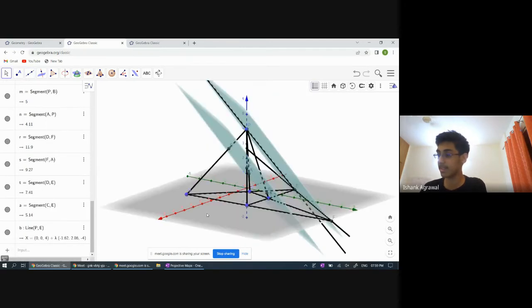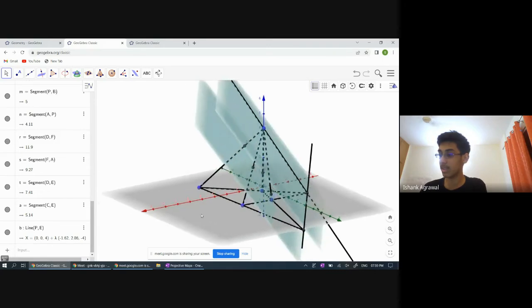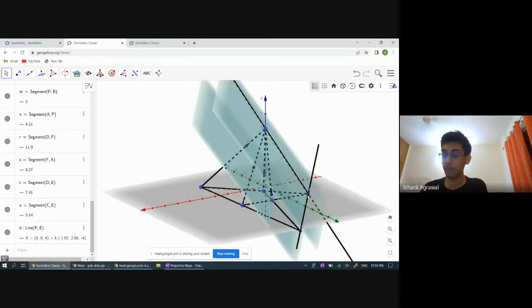Does that make sense? The image of point E would be PE intersection this other plane, but that wouldn't exist. So that is a loophole in this construction. But if we consider the line at infinity, if we say that we're sending this point to the line at infinity, then that is not a loophole anymore. Does that make sense?